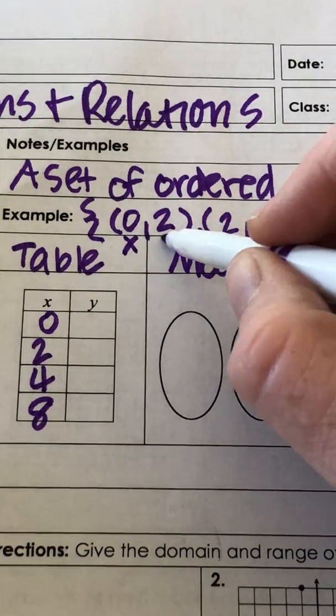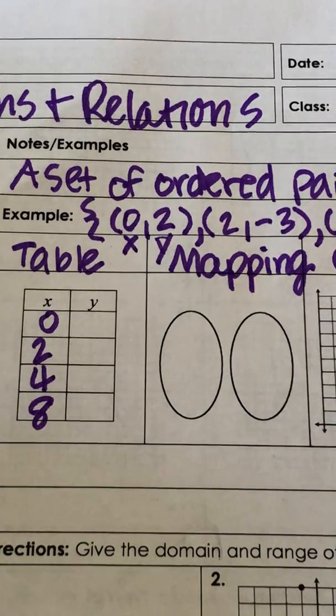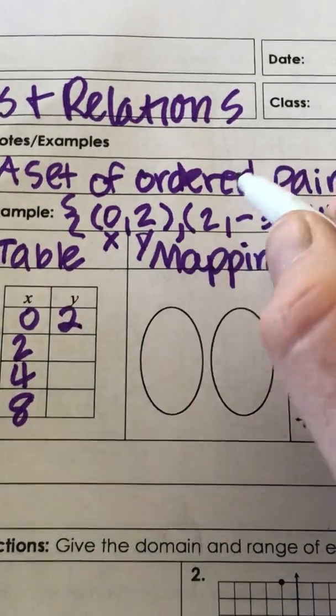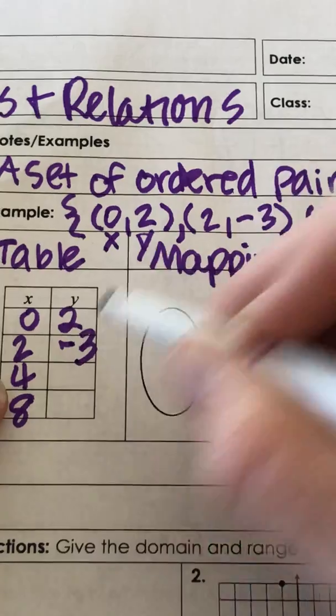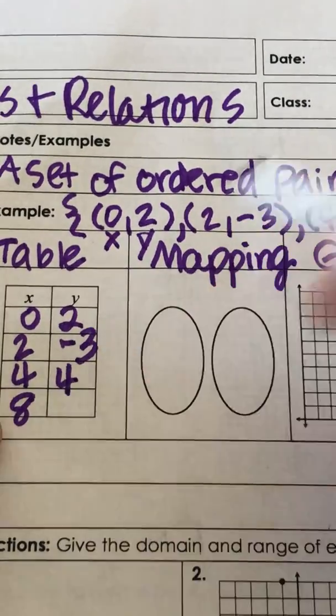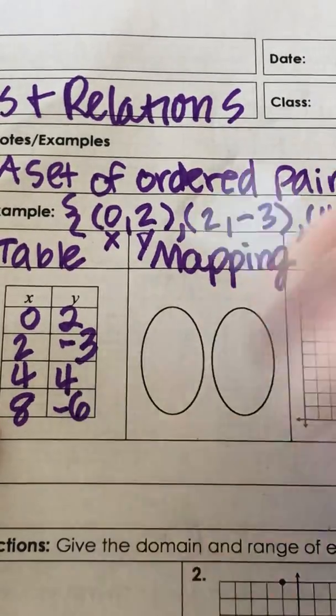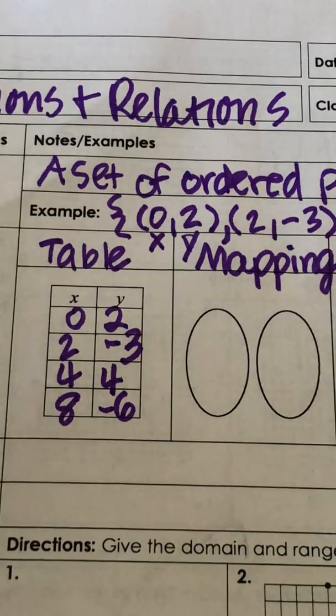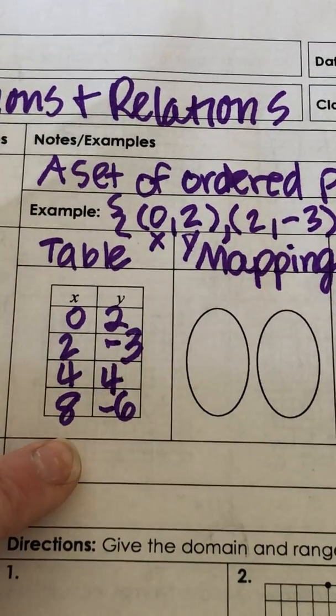It goes X comma Y, so your X's always go first. Then the Y's I see: with 0 is 2, with 2 is negative 3, with 4 is 4, and with 8 is negative 6. Okay, so those may go in order, they may not, doesn't matter. But your X's should go low to high.